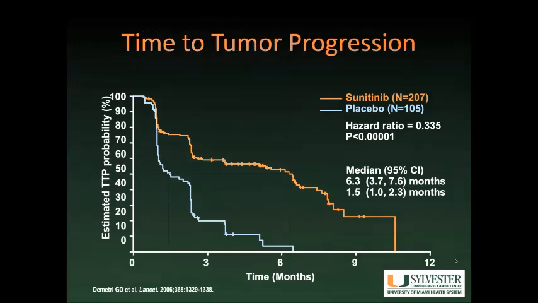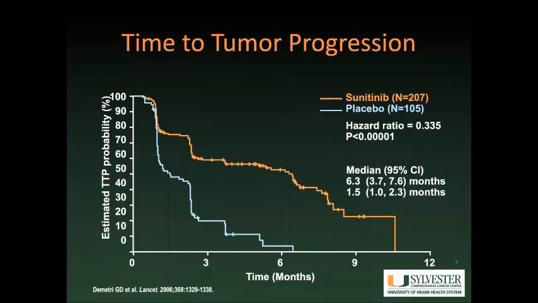So the next drug that was developed to treat patients with metastatic GIST was Sunitinib. Sunitinib was studied in a randomized trial where patients received either Sunitinib or a placebo. What we found was that if a patient was randomized to the Sunitinib arm, they had on average about a 6-month period before their tumor started growing again.